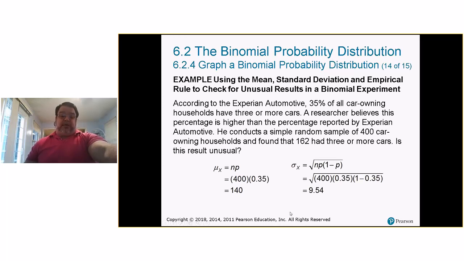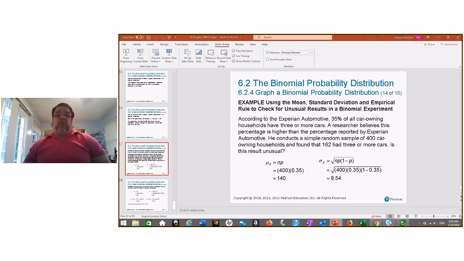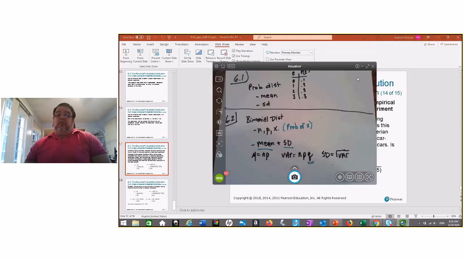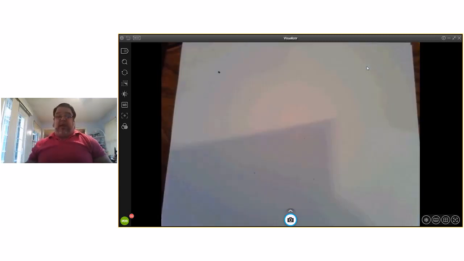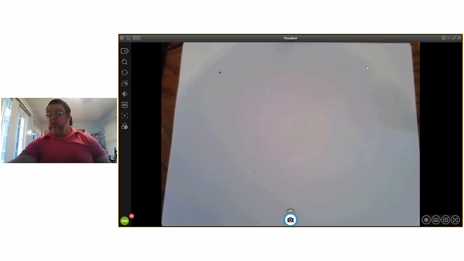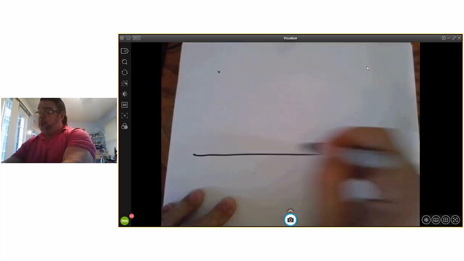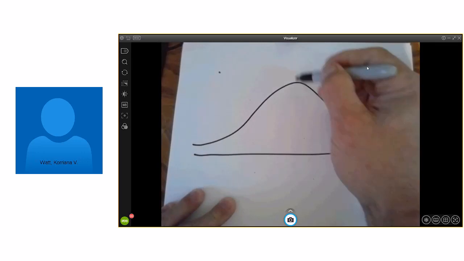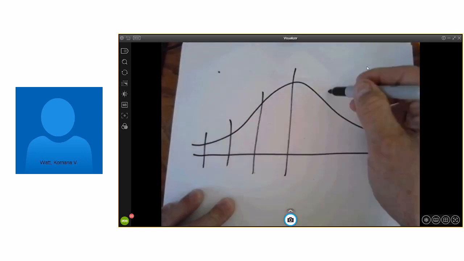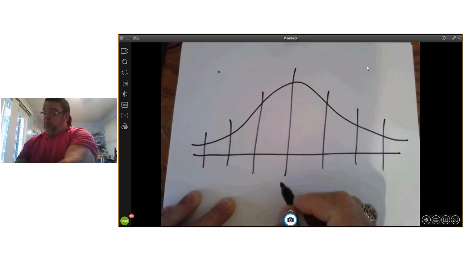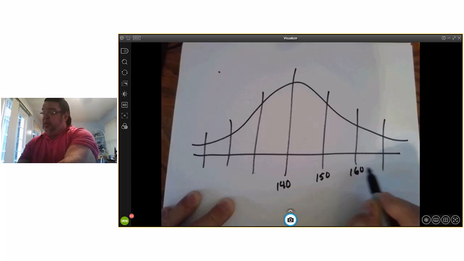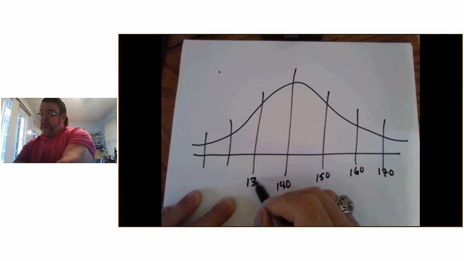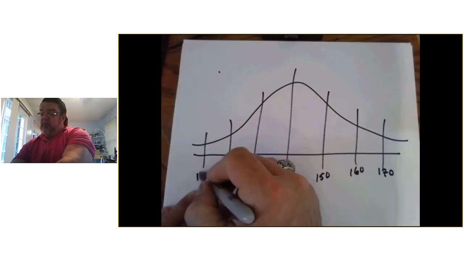So I'm going to take my handy dandy sheet of paper, and we're going to go back to Unit 1. 140 is in the middle, 150, 160, 170. 140 minus 10 is 130, 120, 110.